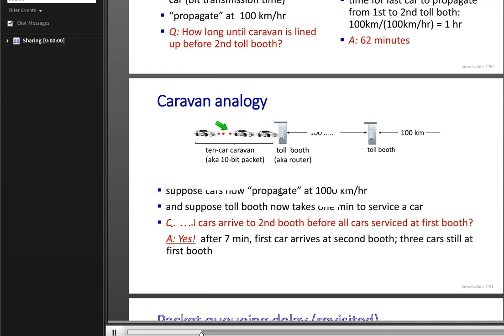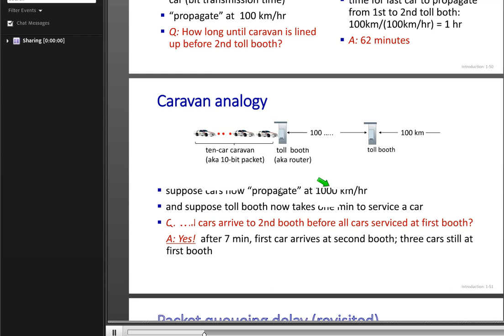Here we know that the length of the highway is 100 kilometers and the propagation speed is 1,000 kilometers per hour.